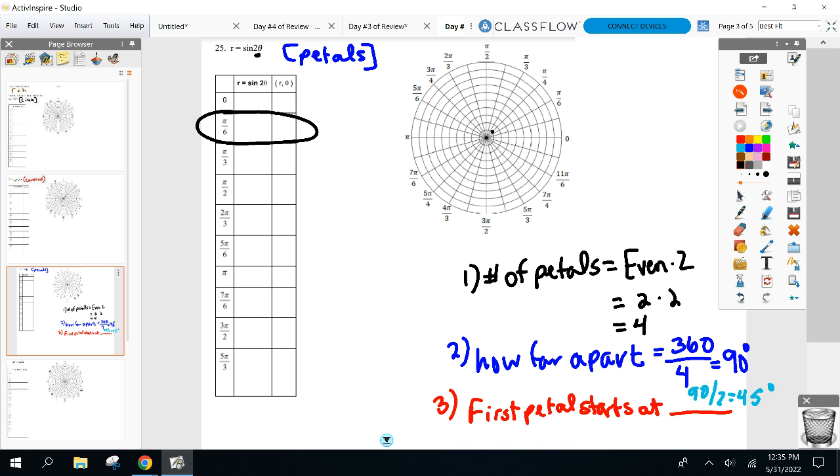Pi over 3. So you should have something written in your chart. Anywhere else, I don't care about, because you know as you go around, that number stays the same. So all I need to see in this graph is pi over 6 and pi over 3. You graph both of those, graph your petal. I don't know, whatever it comes out to be.